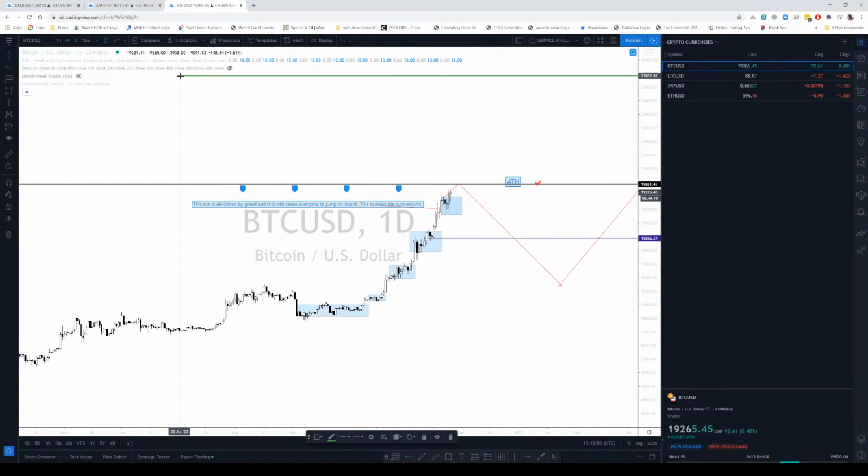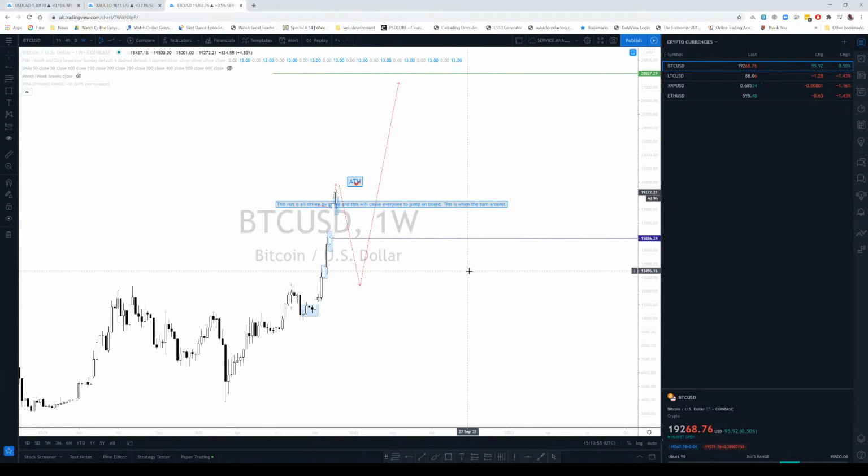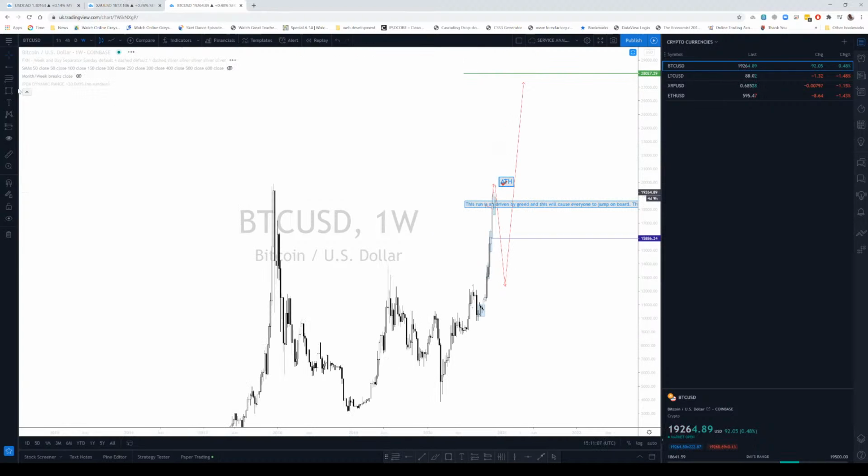Okay, so if we don't reverse after taking out this high, let's go on the weekly. If we don't reverse after taking out this high, then we're going to 28,000. Why 28,000?